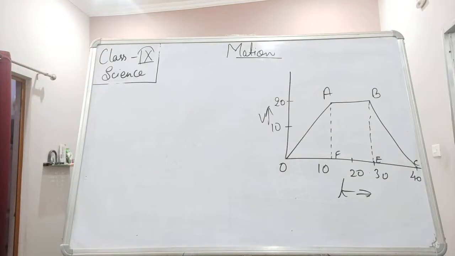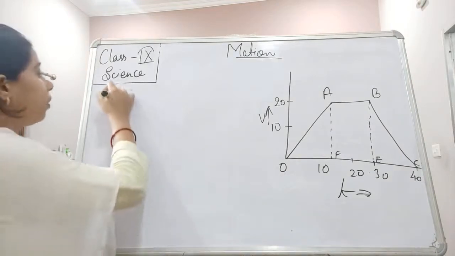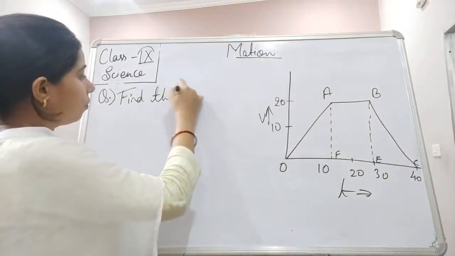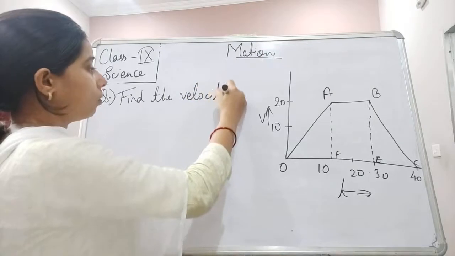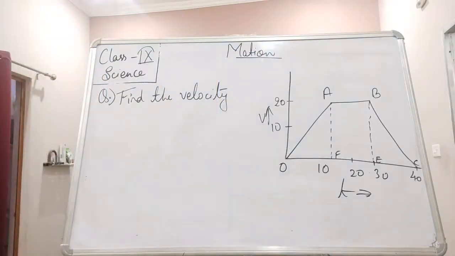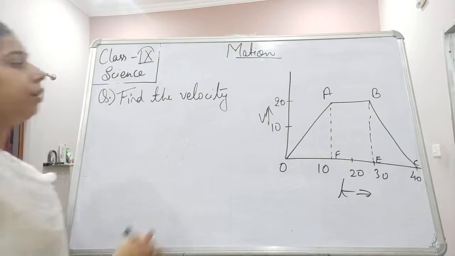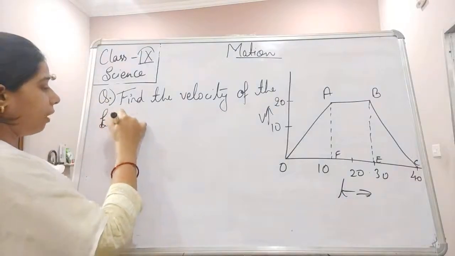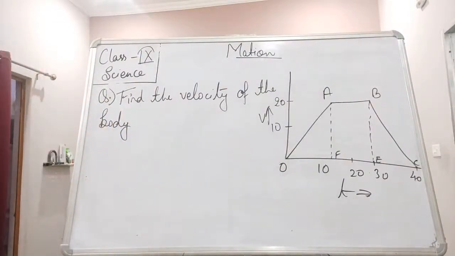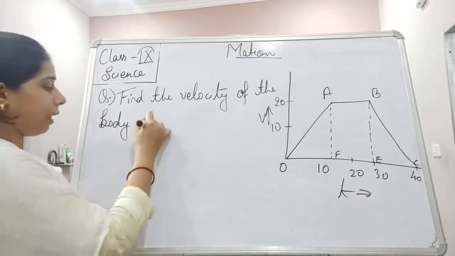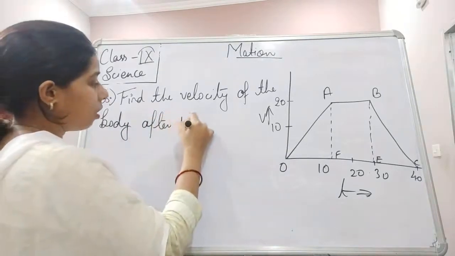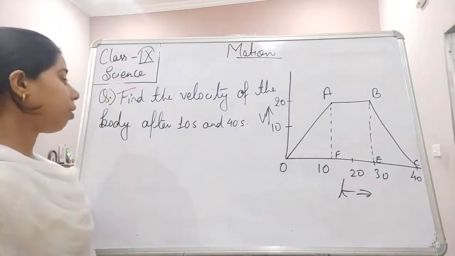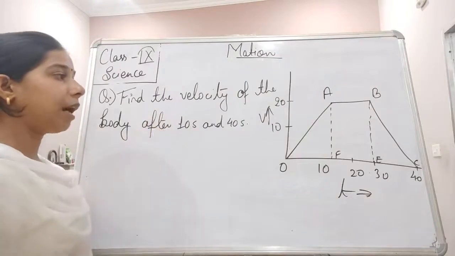So the question is: find the velocity of the body after 10 second and 40 second.